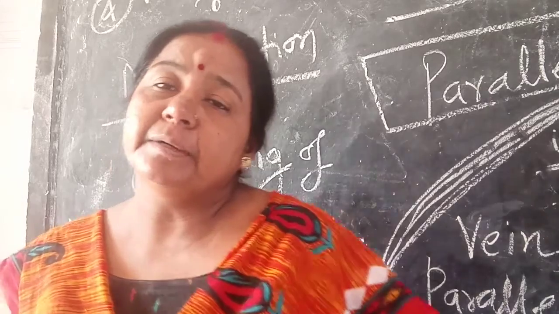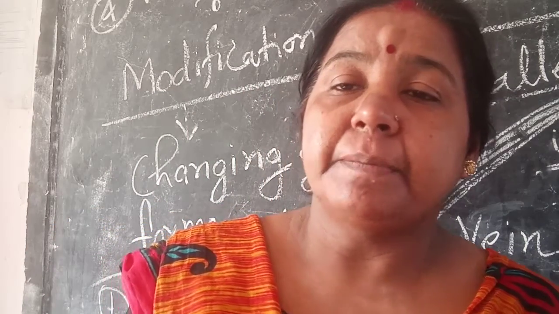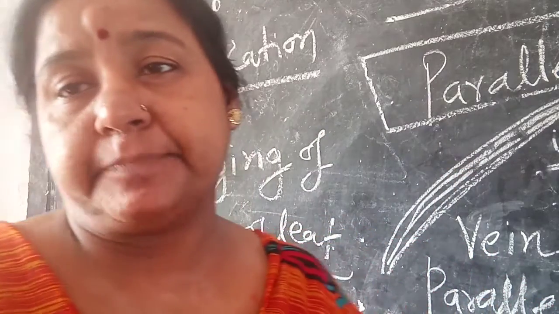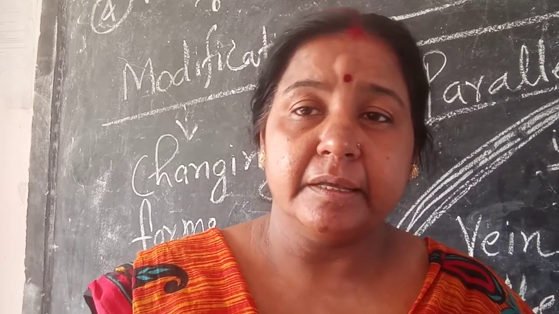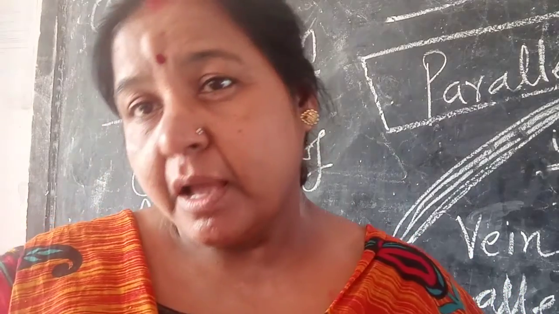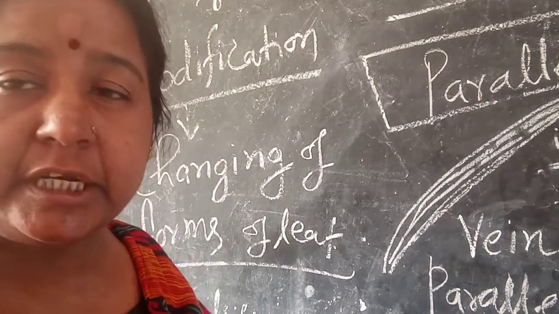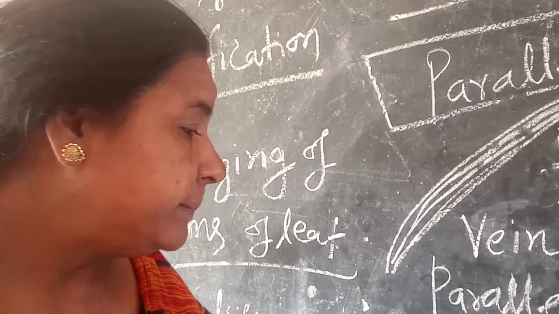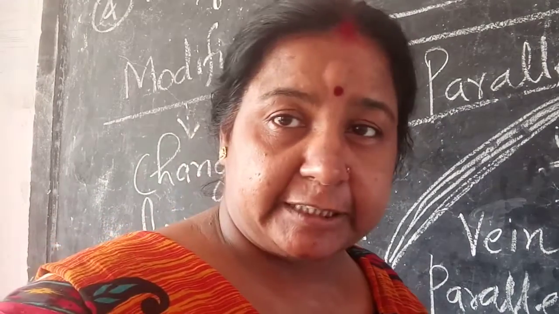So to fulfill the nitrogen requirement, it takes insects. The plants feed on insects. For trapping the insects, the form of leaf is changed into a pitcher. So the pitcher plant is an example where the leaf is modified into pitcher.